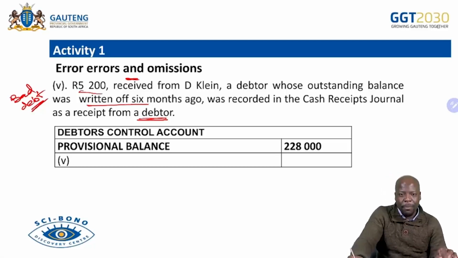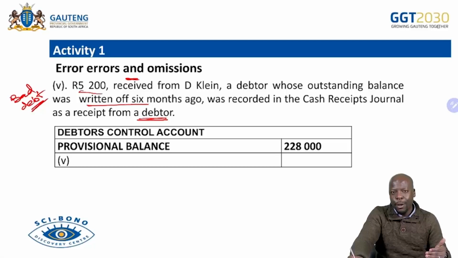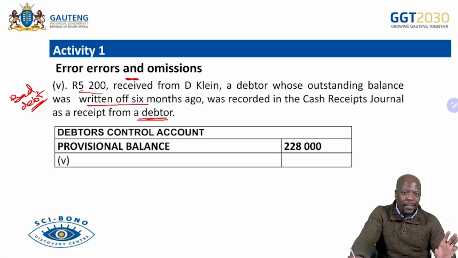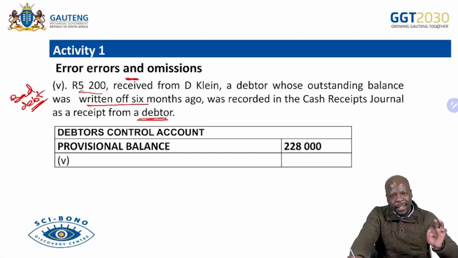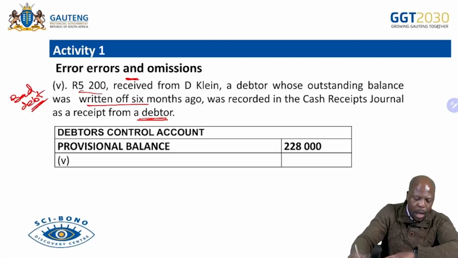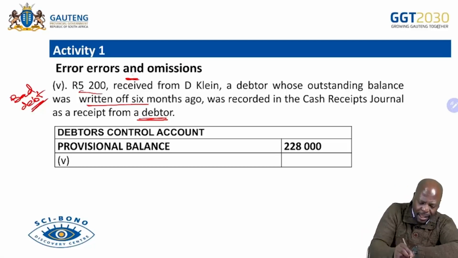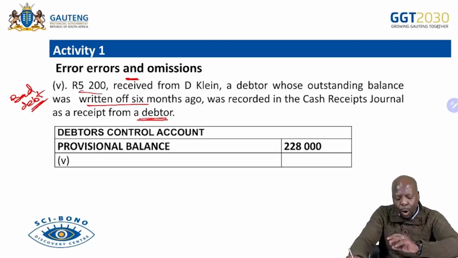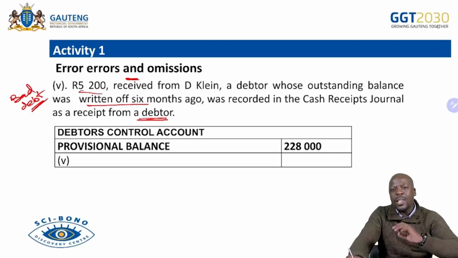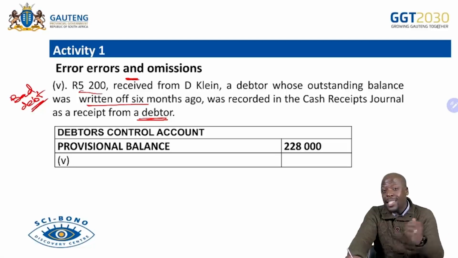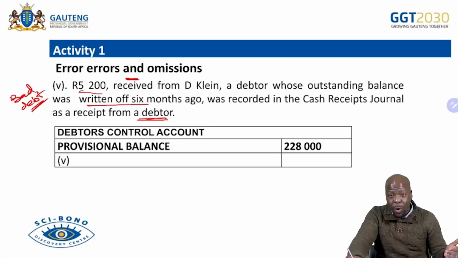What then do we do? We have received an amount of money from a debtor who is no longer part of our debtors list because we have written him off as a bad debt. But we recorded it as a receipt from a debtor. That is incorrect. Remember, once we receive money from a debtor, the sign becomes a minus. That means the error that we made, we went to our debtors control and we subtracted from our debtors as if this guy was still a debtor, yet he was no longer a debtor.